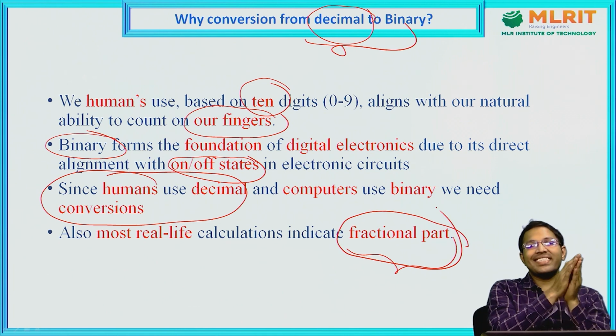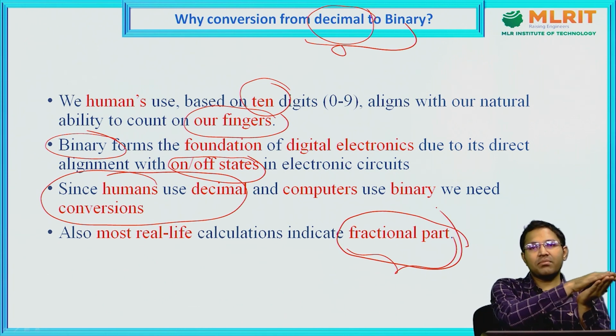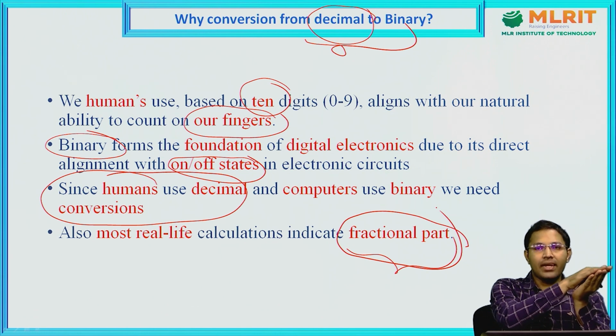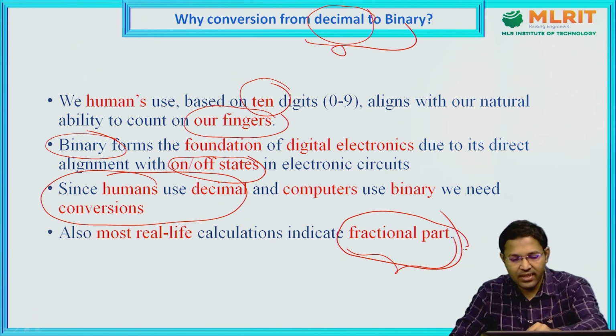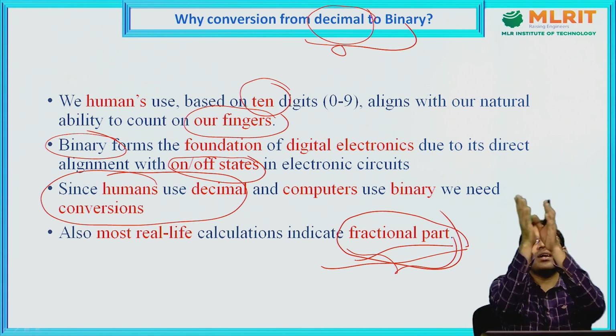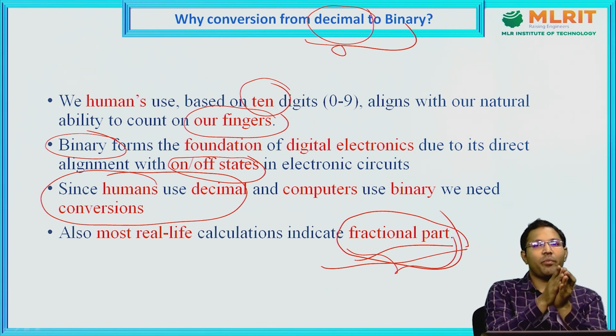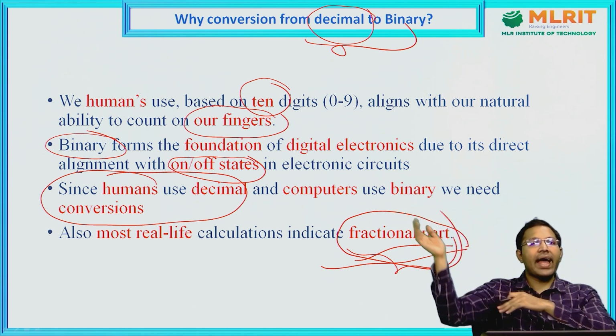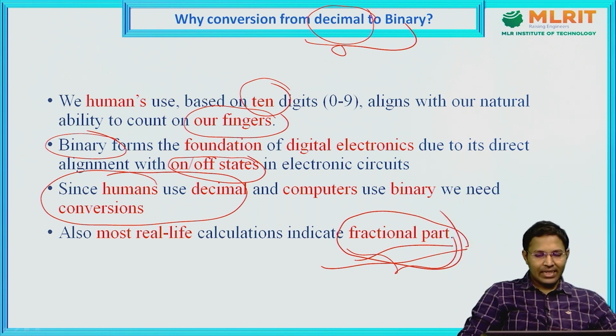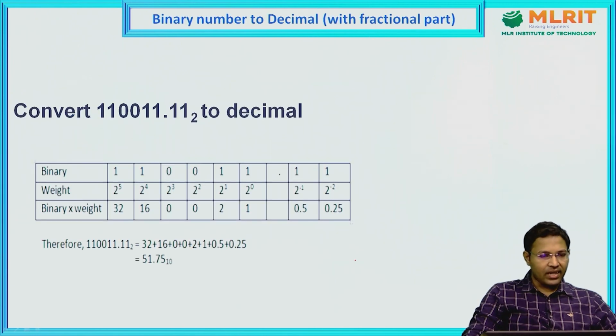So at the initial level, you should have a mechanism where we convert the decimal numbers, including the fractional part, into the binary domain and perform operations there, and then convert the binary number with the fractional part back to the decimal domain. That is the reason in today's class we will discuss all these.